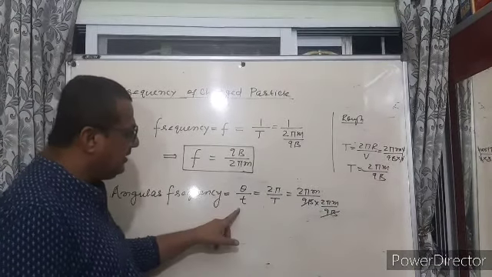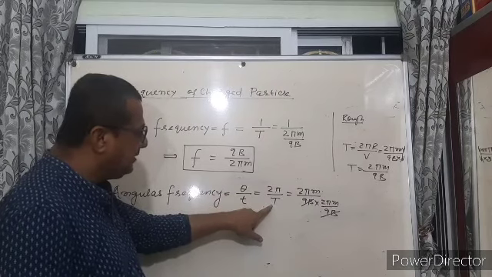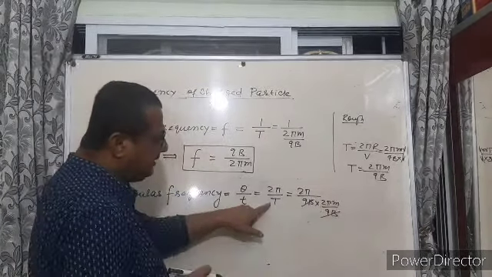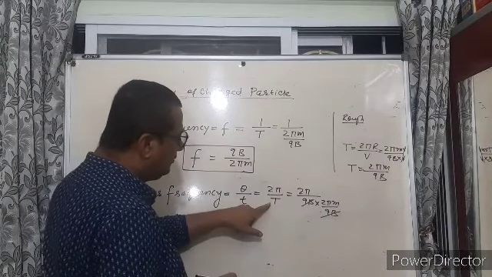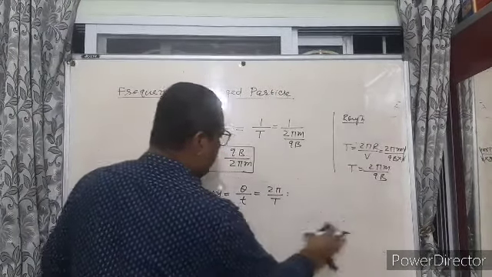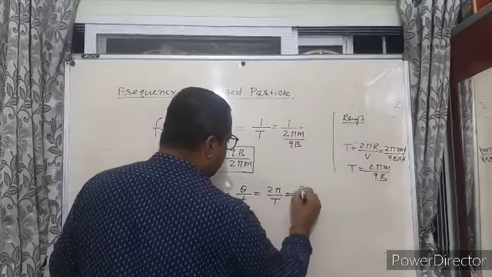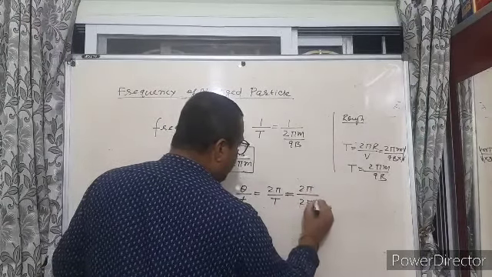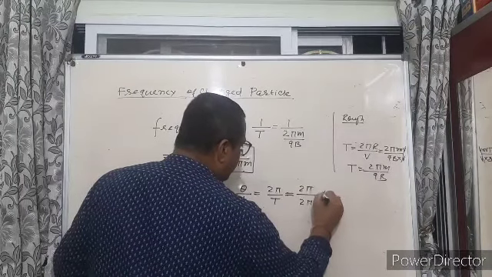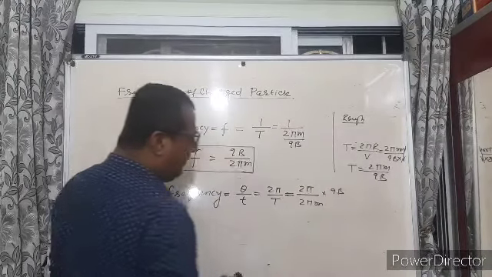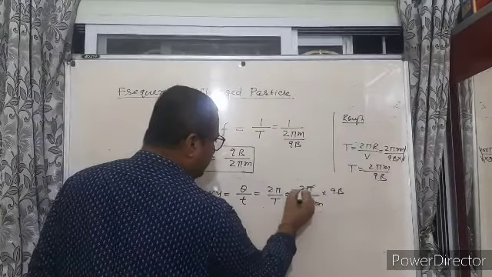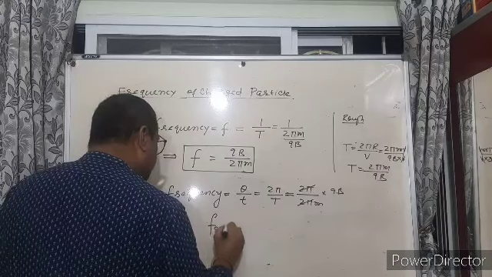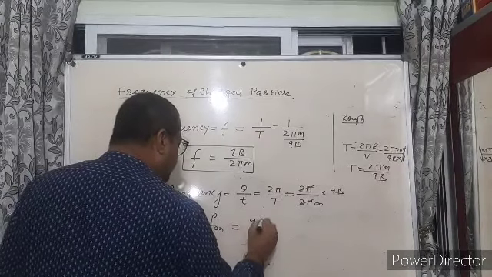T is 2 pi m by qb. Then qb is multiplied above. Then angular frequency is equal to qb by m.